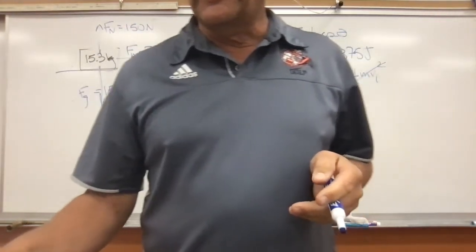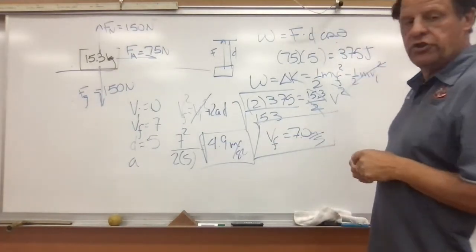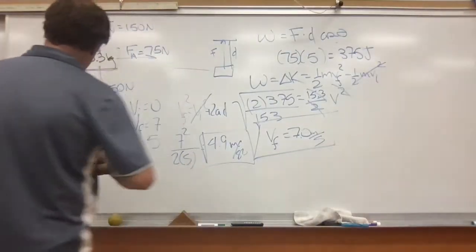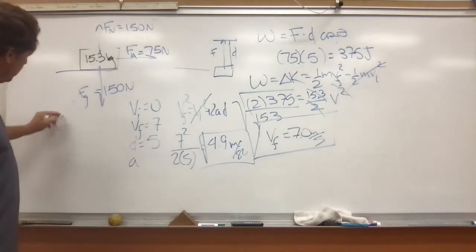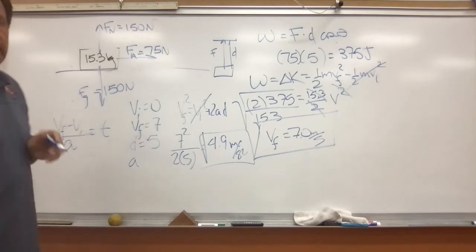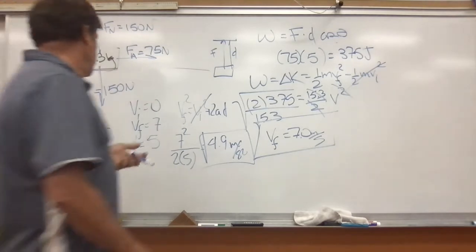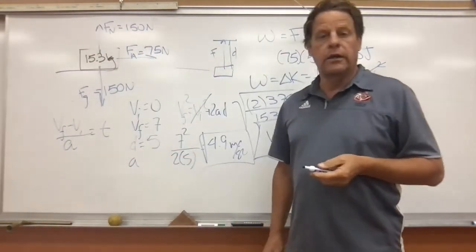All right, and how long would it take? Now that we know our acceleration, now we can calculate the time. So we could use v final minus v initial divided by a is equal to t. That right there is kinematic equation number 2.